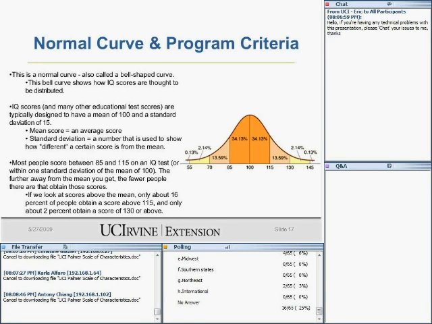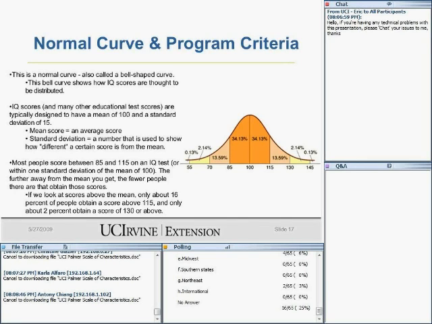So most people that take a standardized test like an IQ test get a standard score of 100, because most educational tests and IQ tests are designed to have a mean or an average score of 100. 100 right in the middle. Half of the people do better than that. Half do not as good as that. So 50% is right at the middle. Most people get around 50%, you can see.